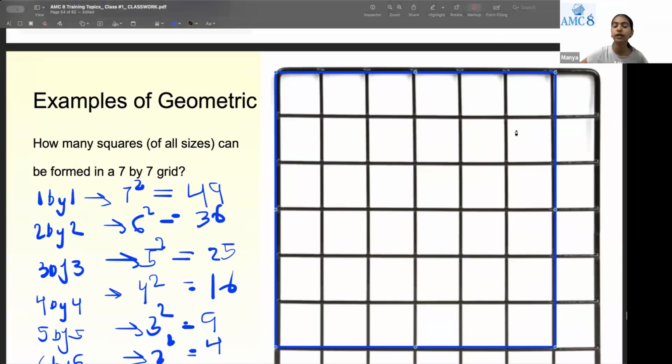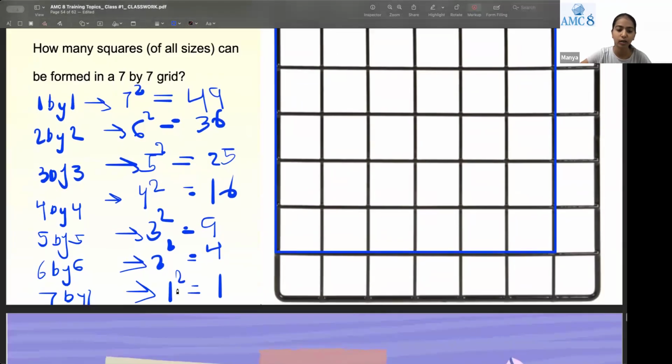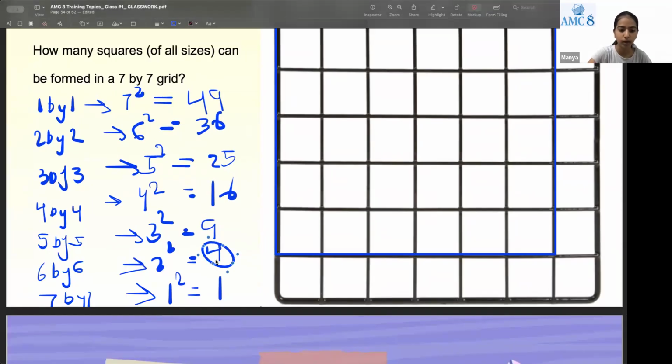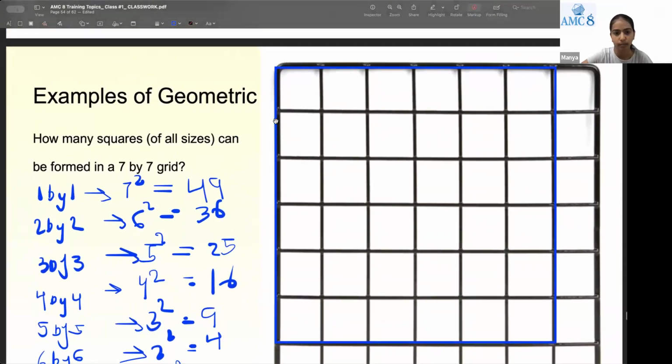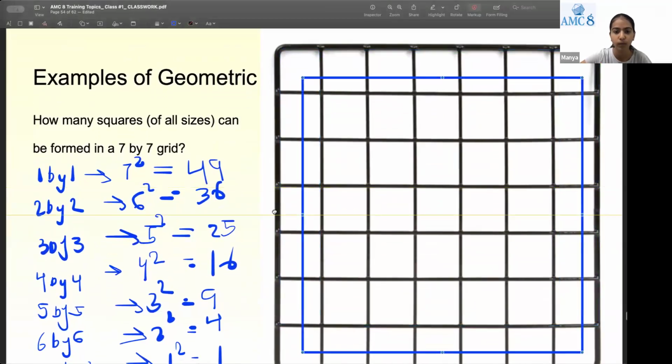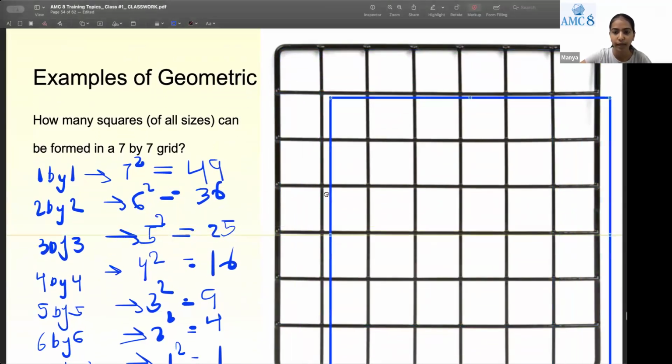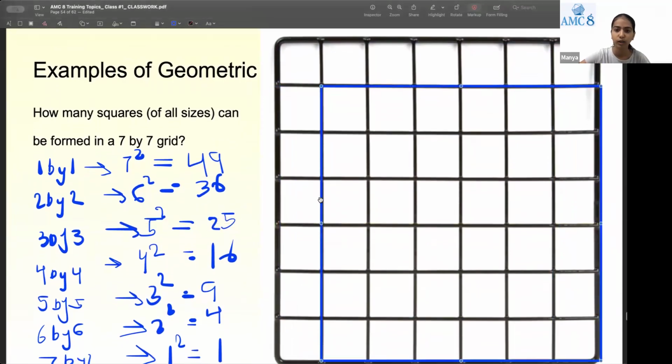So this square over here, the square in blue, this is a 6 by 6. Now according to this, they're saying that there's 4, but we just need to double check it. So this is one place to position it. This can be another place to position it. There's 2 so far. 3rd place and 4th place. So there's actually 4 places to position this.